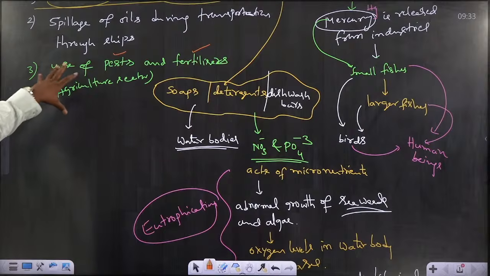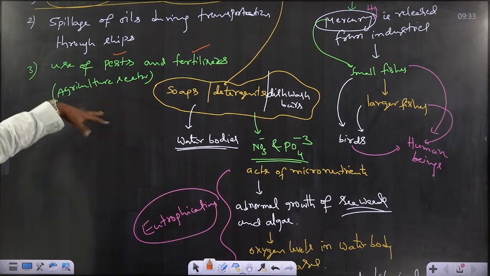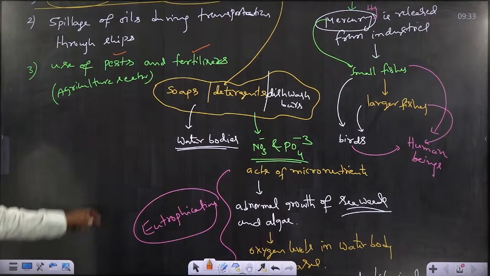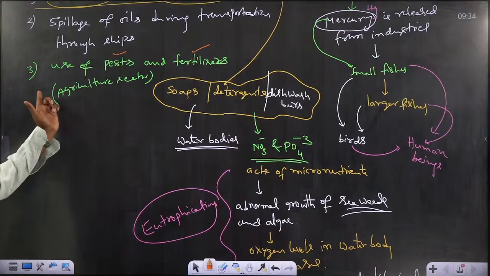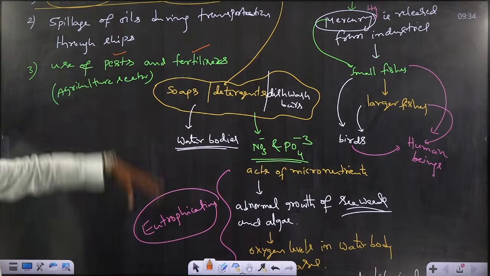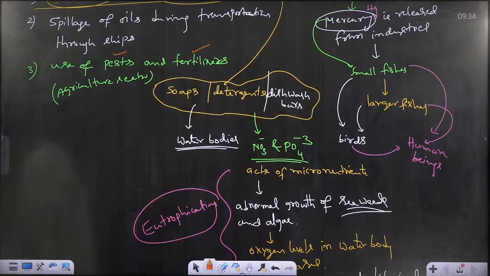Whatever pesticides and fertilizers are left on the leaves or the stems of the plants will move along with the water. When this water passes through the fields, these pesticides or fertilizers dissolve in it and can directly enter the water bodies. So in that way, water will also be polluted.